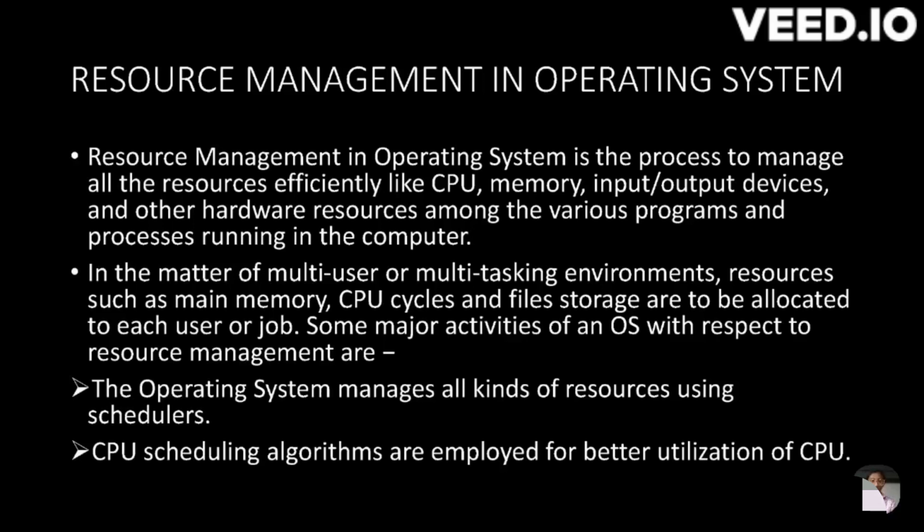Some major activities in operating system with respect to the resource management are: the operating system manages all kinds of resources using schedulers. CPU scheduling algorithms are employed for better utilization of CPU.